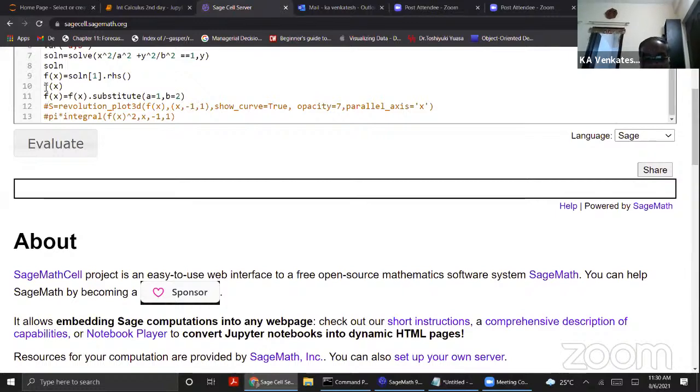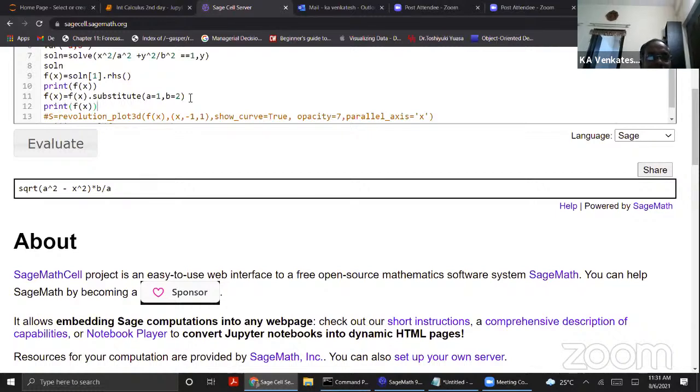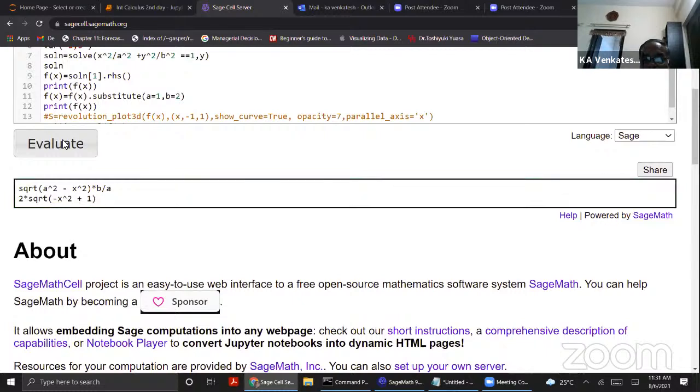Sometimes it gives trouble, then I'll use print f of x. Yes, so this is printing f of x. You want this value here, I can do after substitution. I can put it here. Okay, in this place I did not put f of x, therefore it did not give. So square root of a, that is the value. So when you substitute it, you got this value.